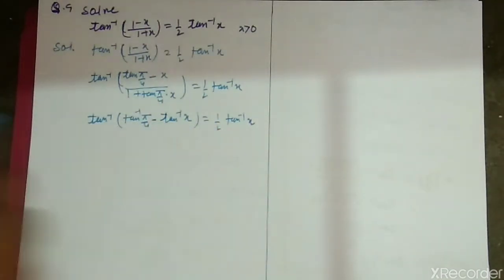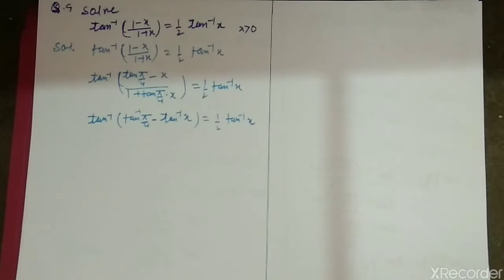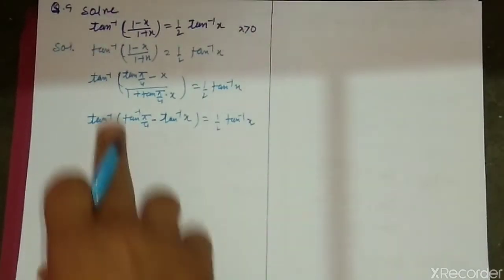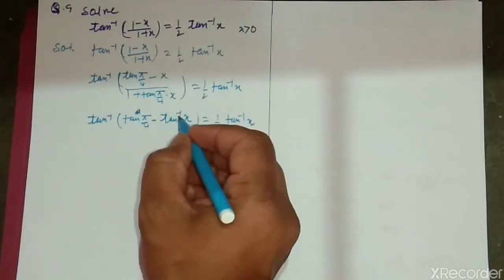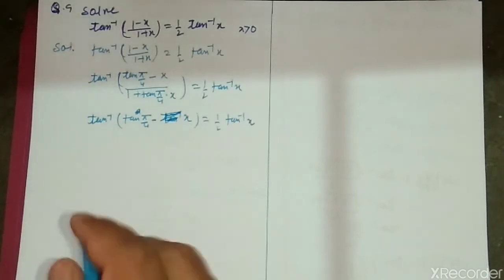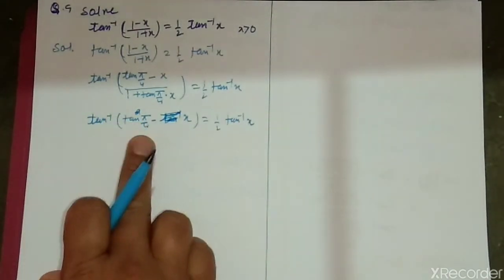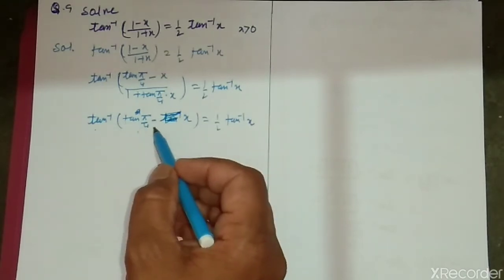Can we write it as tan pi by 4 and tan x. Clear? We are applying a property of tan inverse a minus b, so that is tan inverse (a minus b) upon (1 plus ab).